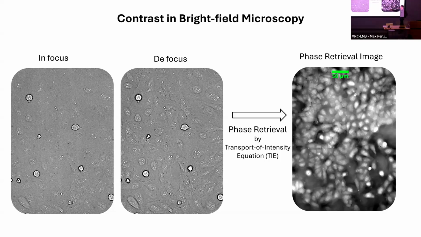There's a trick called phase retrieval, which is just a mathematical operation that you can apply on the difference between these two images to calculate this so-called phase retrieval image. This is a lot richer in information content. It's got sufficient information in it to allow us to segment out the cytoplasm from the nucleus.